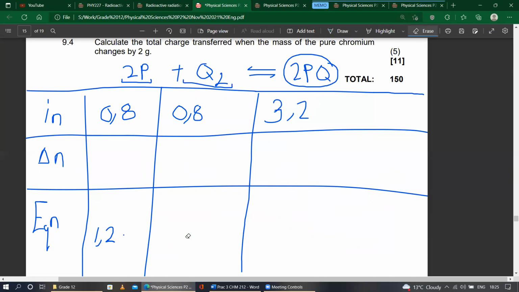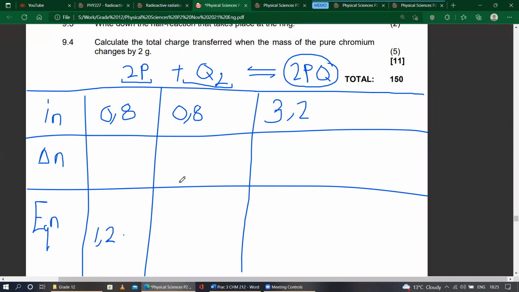I think I made a mistake using the ratio part to find the amount of Q2. So from now, let's just move on with the table as it is. I apologize for the inconvenience. So in order to find our change, the change is equilibrium minus the initial. So the change in number of moles is gonna be the number of moles at equilibrium minus the number of moles initially.